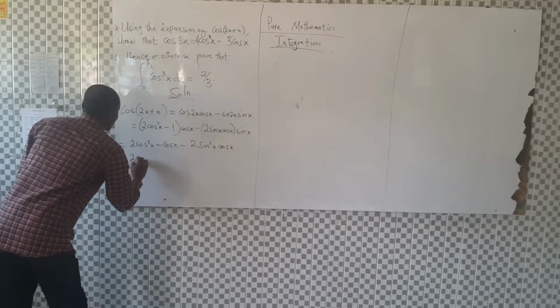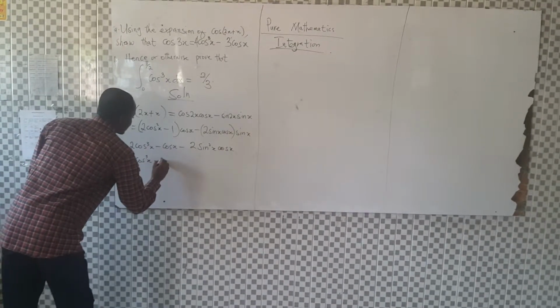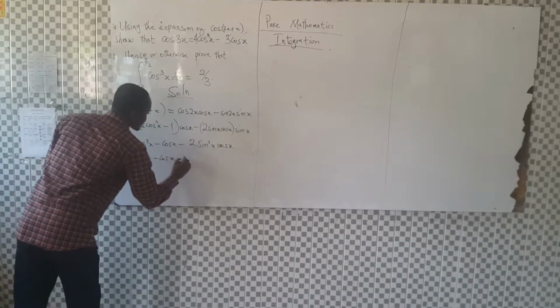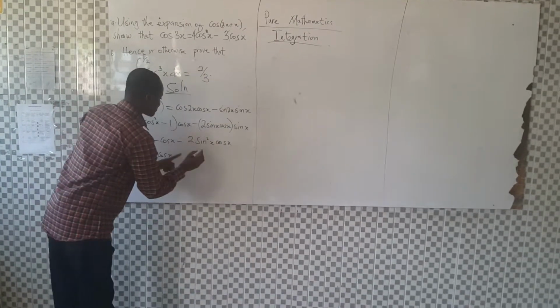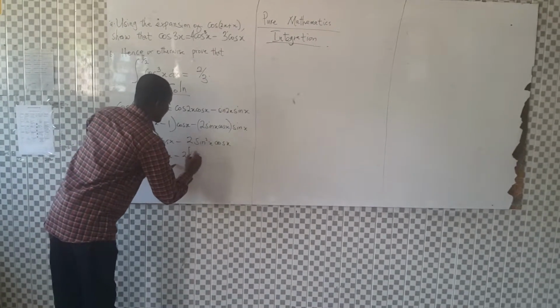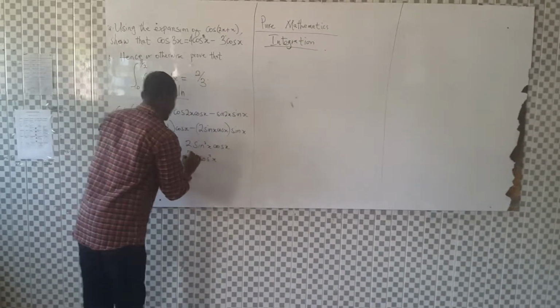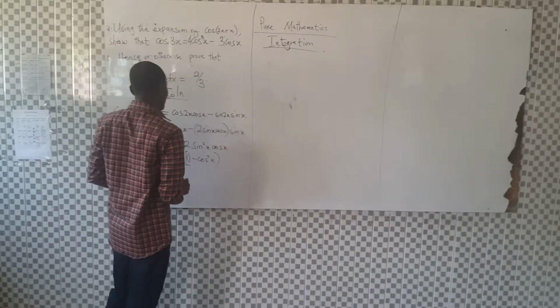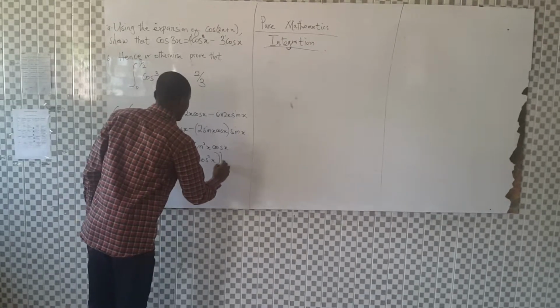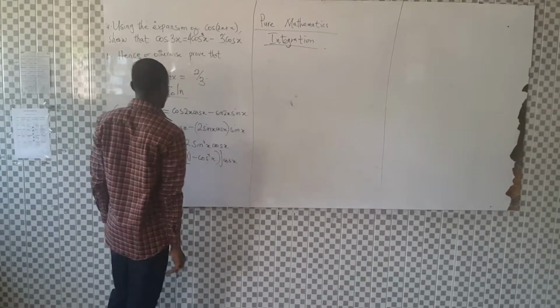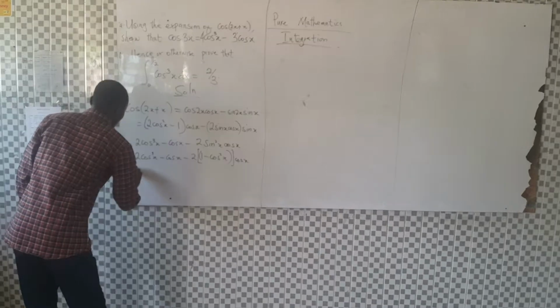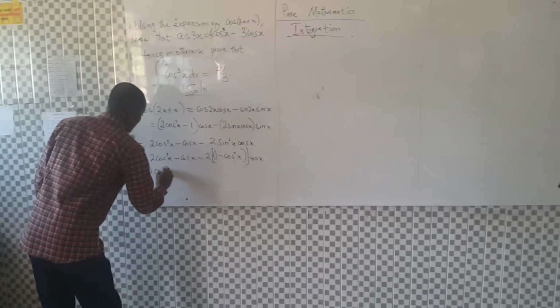So we have 2cos³x minus cos x minus 2, and this will be (1 minus cos²x). Now all of this will have cos x multiplying.